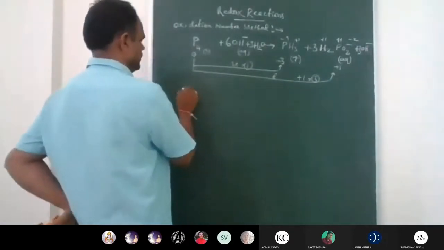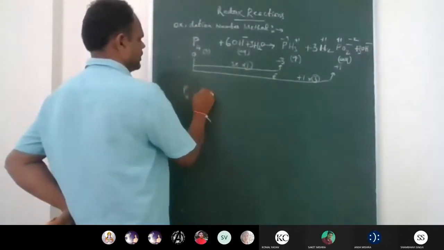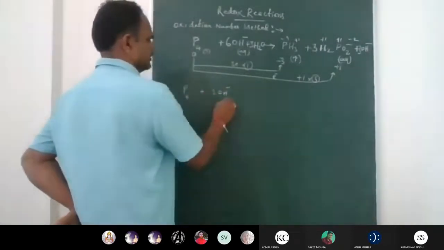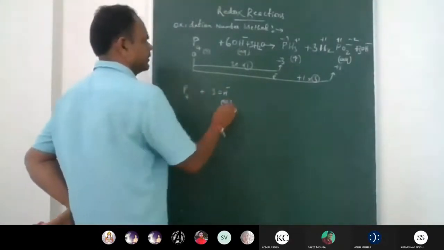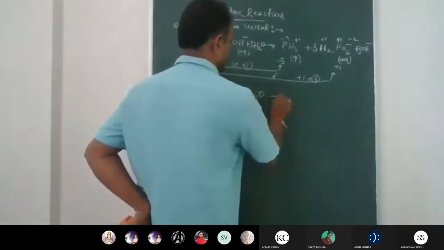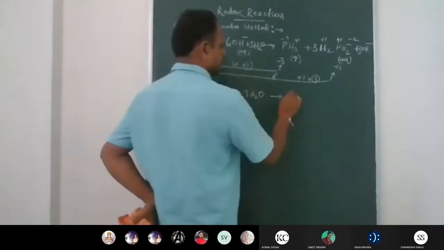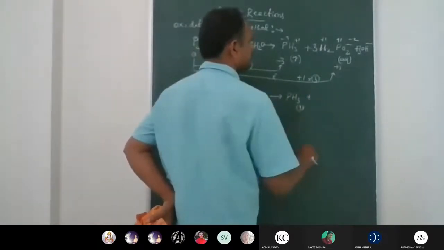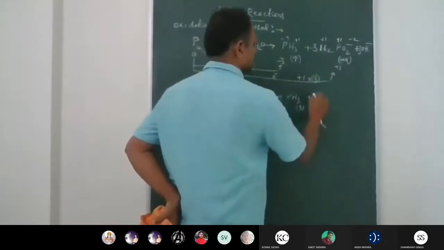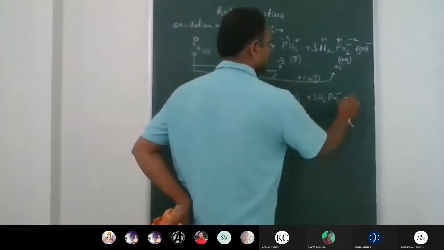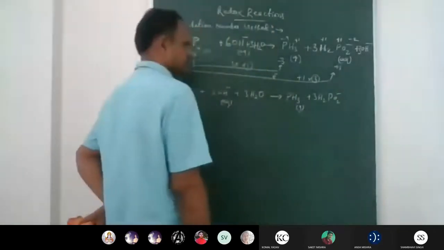You can check: P4 plus 3 OH minus (aq) plus 3 H2O gives PH3 gas plus 3 H2PO2 minus. So this is the equation.